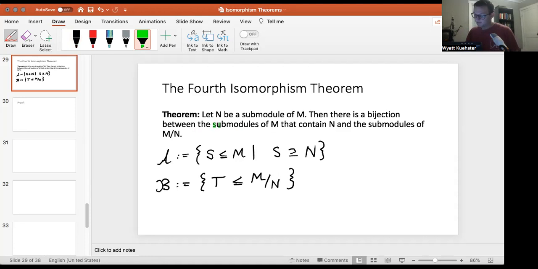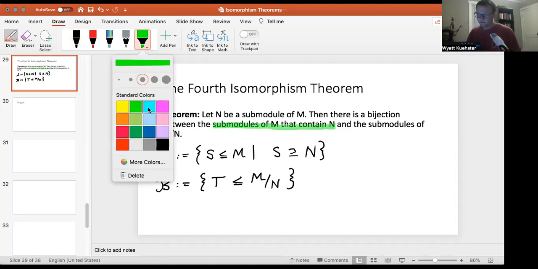So I'm not going to imbue them with any other algebraic structure. They're just sets for now.